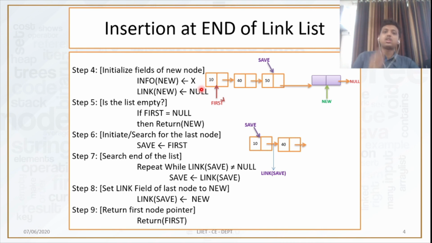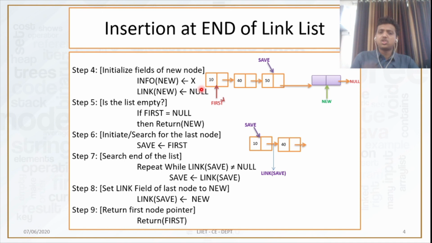Moving the save pointer from the first node to the last node is traversing in a singly linked list.